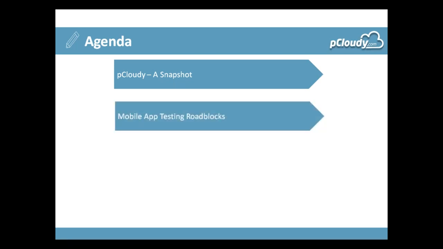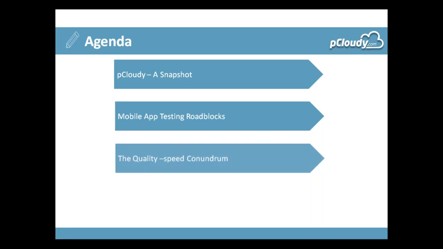Since we are talking about mobile app testing challenges, it's very important to understand some of the important roadblocks. And since the topic is focused around how to achieve quality with speed, we'll spend few minutes understanding what the challenges are when we talk quality and speed together.